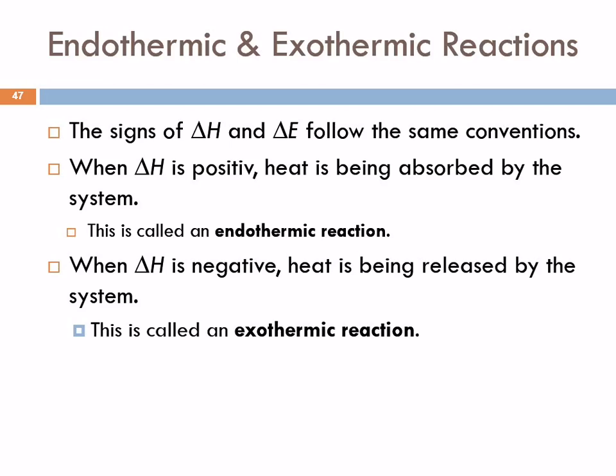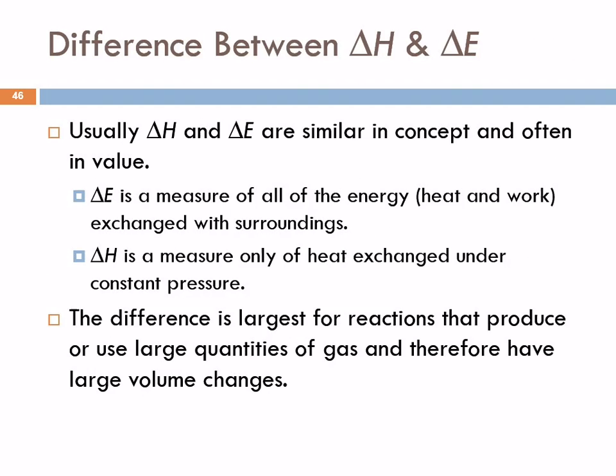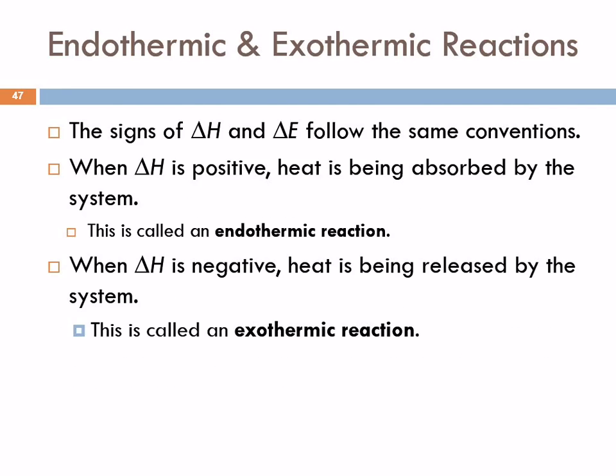Delta H follows the same sign conventions as delta E. Delta H being positive means that heat's being absorbed into the system. That's an endothermic reaction. Endo going in, heat going in. Delta H is negative, heat's being released, that's an exothermic reaction. Same sign convention.